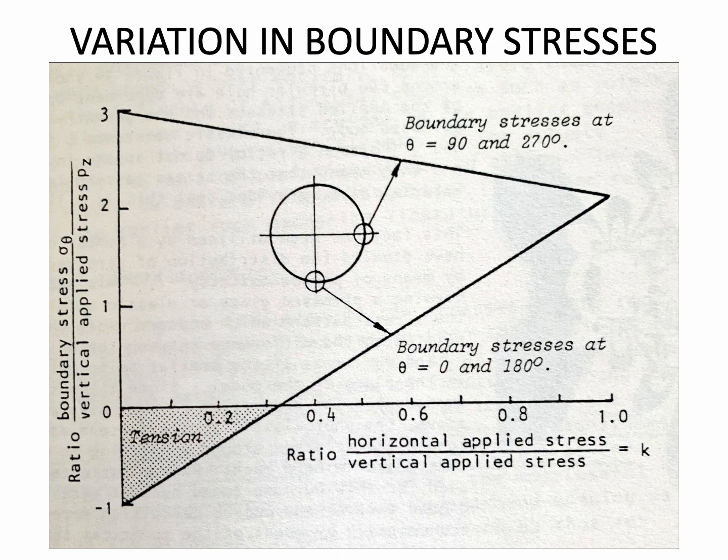So as the ratio of horizontal applied stress to the vertical applied stress approaches 1, the boundary stress at this point and this point, which are at theta 90 degree and 270 degree, varies from 3 to something like 2.5.